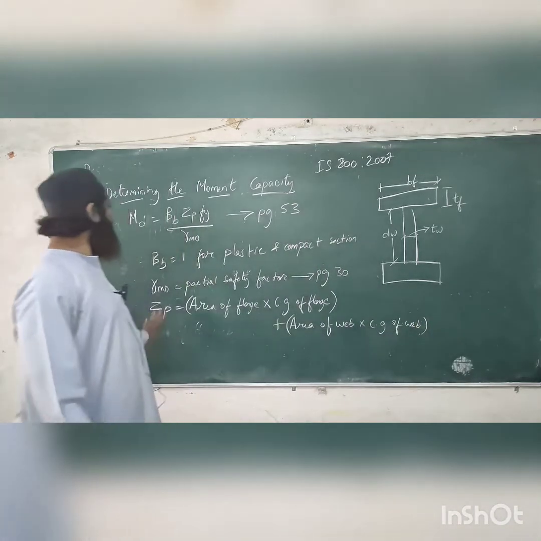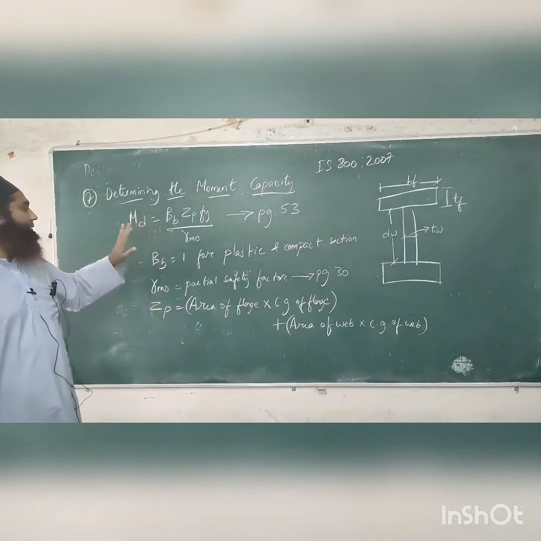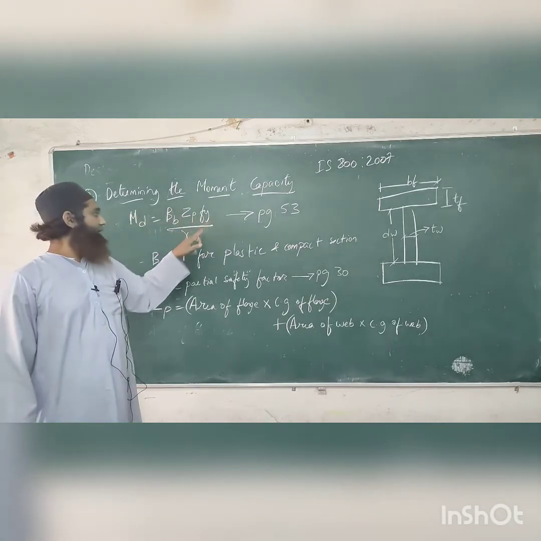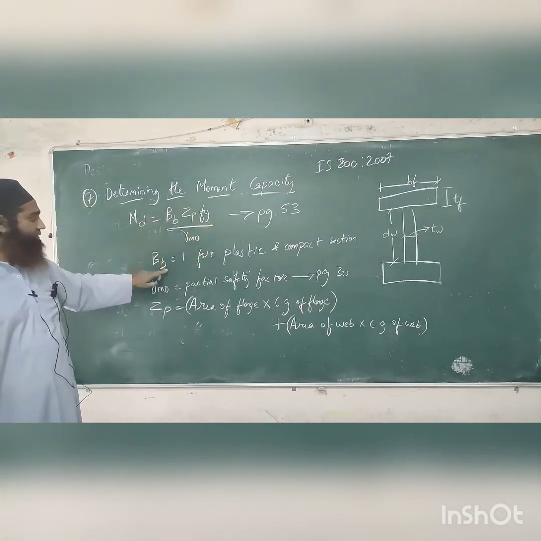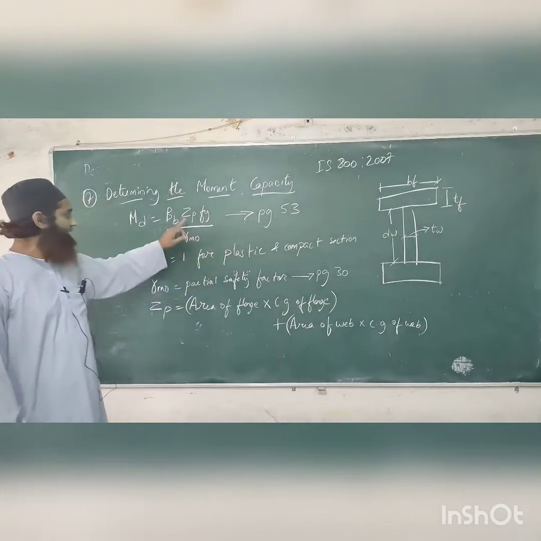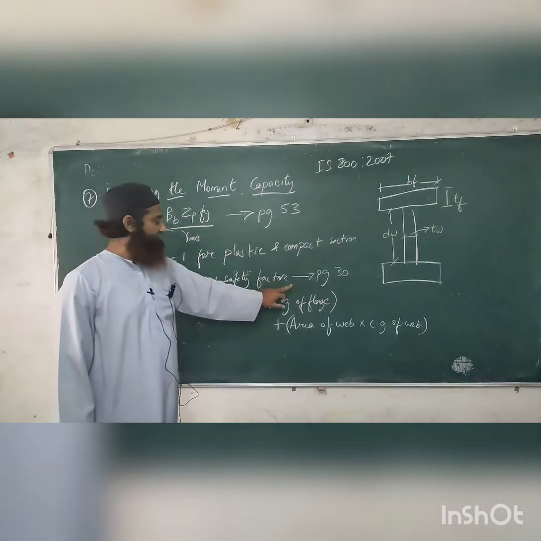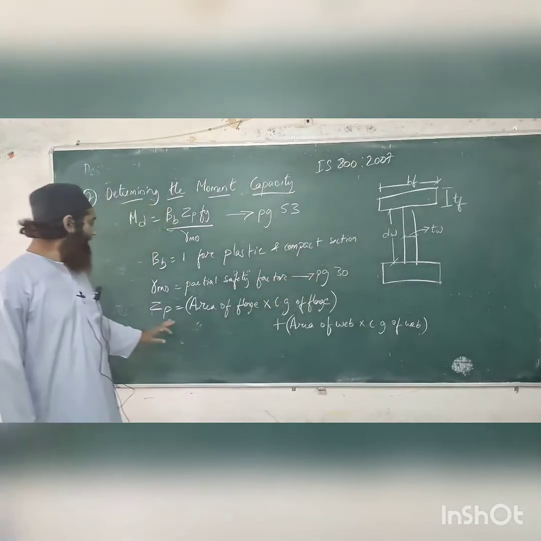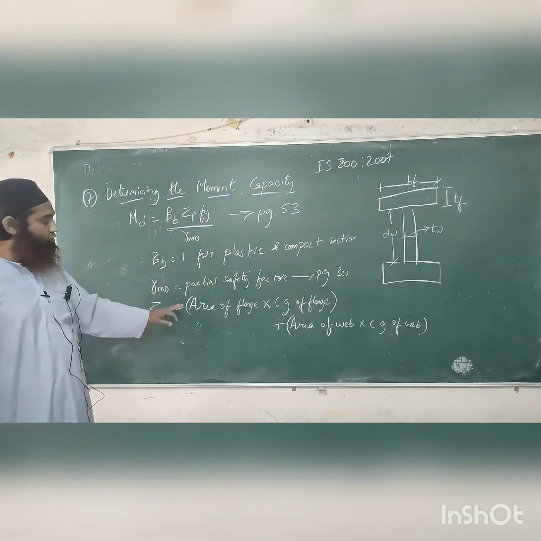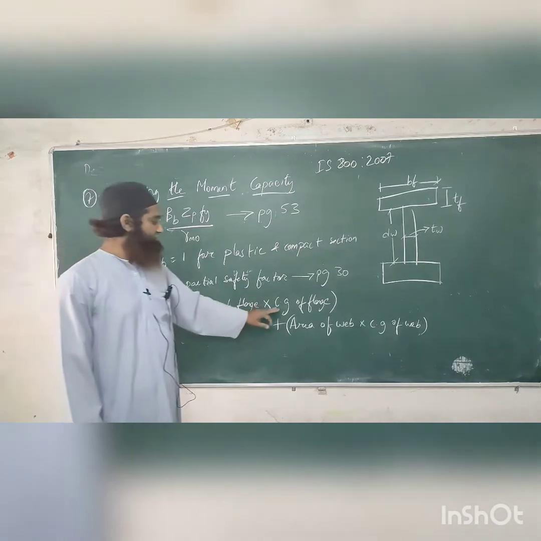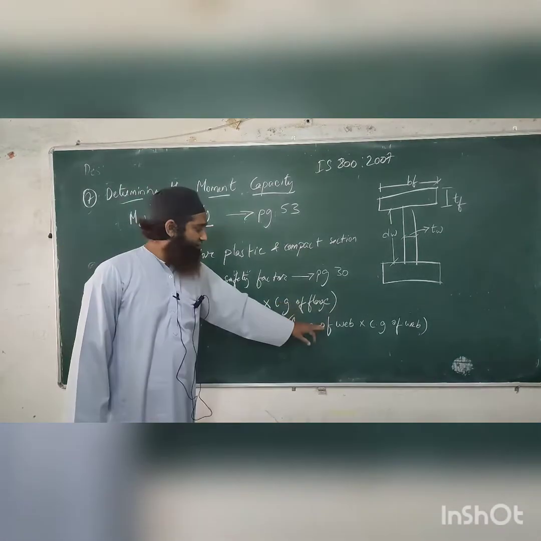So you can see here, just see the step, moment capacity, BB into ZP, Fy into gamma m0. We have got what is BB, that is 1 for plastic and compact section. ZP, gamma m0, this is a partial safety factor which is given in page 30. And ZP is the plastic modulus. How do you find that? Area of flange into CG of flange and plus area of web into CG of web.